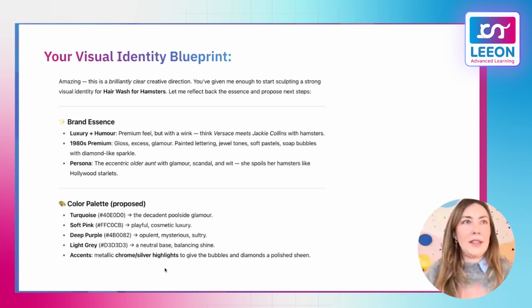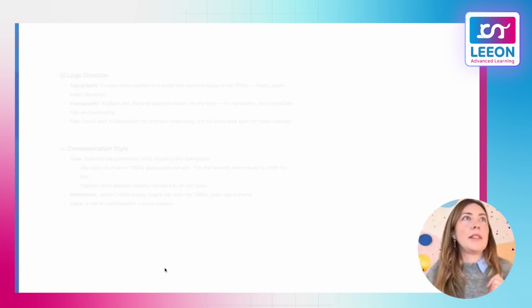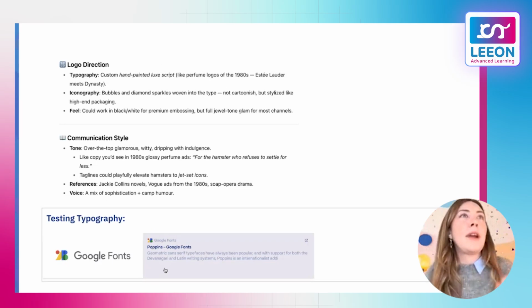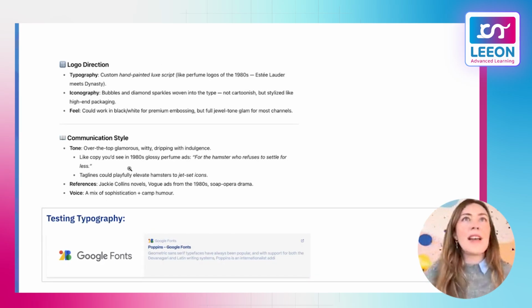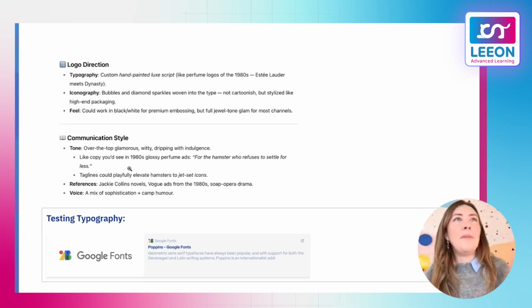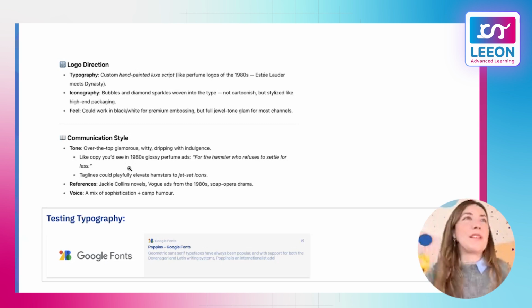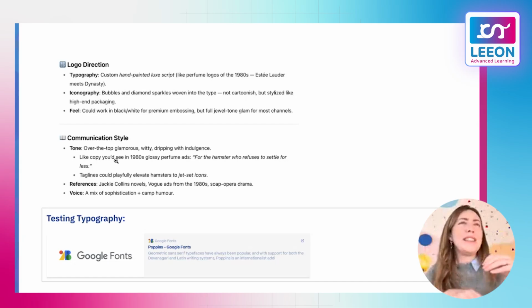Great, I love it. So it's proposing all of this stuff to us. We've also got a logo direction, so hand-painted luxe script, with bubbles and diamonds woven into the type. And yeah, all this other stuff. The tone is over the top, glamorous, witty, dripping with indulgence.